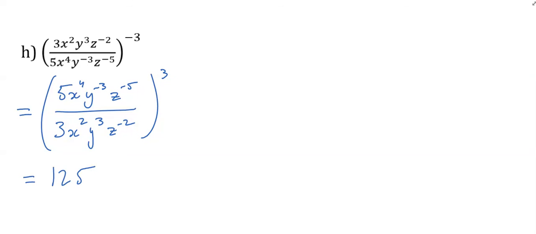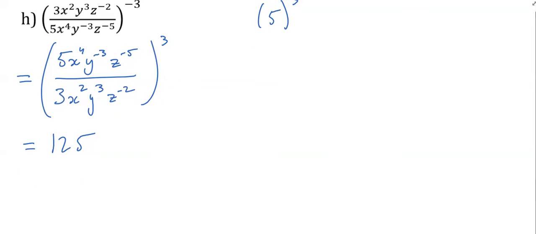I would handle the exponents in dividing. When you divide powers of the same base, you subtract the exponents. So I've got 125. X to the 12 divided by x to the 6. 12 minus 6 is 6. I'm subtracting exponents now. Negative 9 minus 9 is negative 18. So z to the negative 15 divided by z to the negative 6 is z to the negative 15 minus negative 6, which is plus 6.